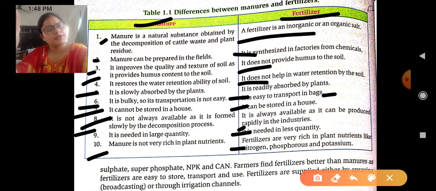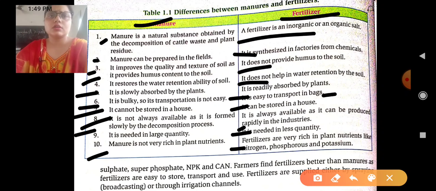Manure is a natural kind of thing. Fertilizer is a chemical product made in the factories, but the main factor is that manure works slowly and does not retain water in the soil, whereas fertilizers work fast. A rapid process is there in the fertilizer, and it is easily available.